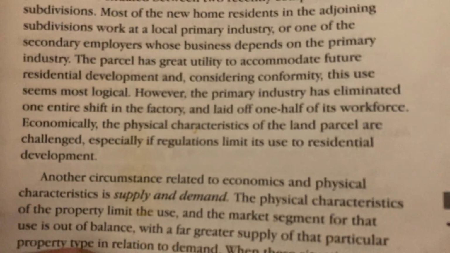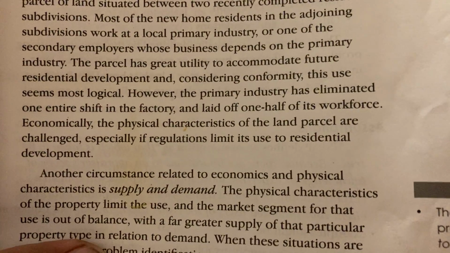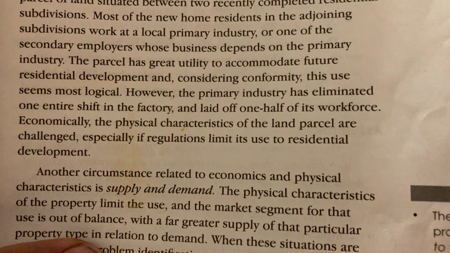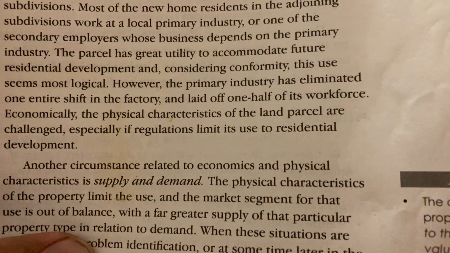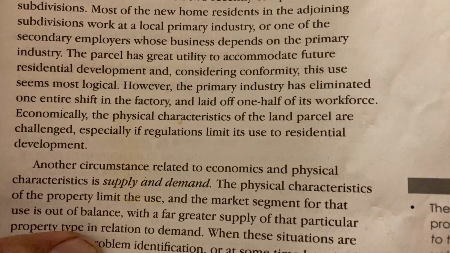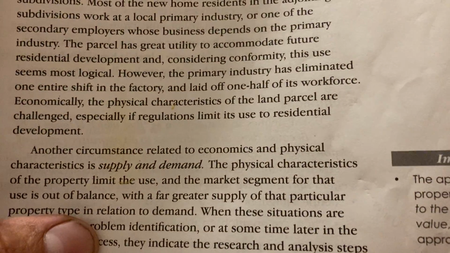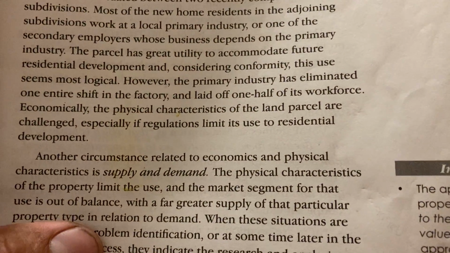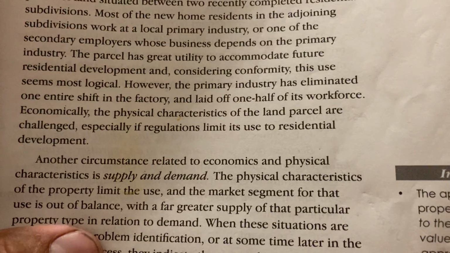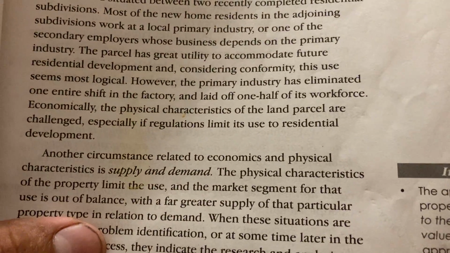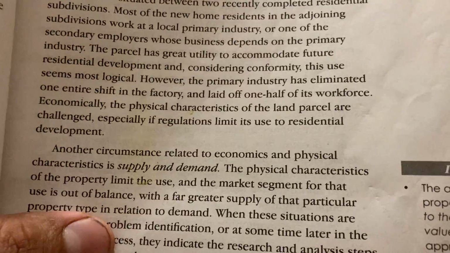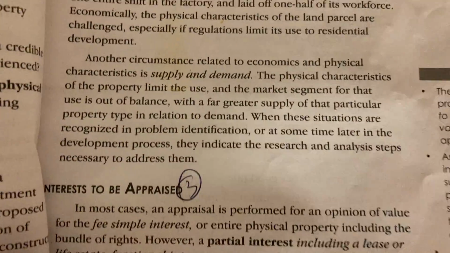However, the primary industry has eliminated one entire shift in the factory and laid off one half of its workforce. Economically, the physical characteristics of the land parcel are challenged, especially if regulations limit its use to residential development.